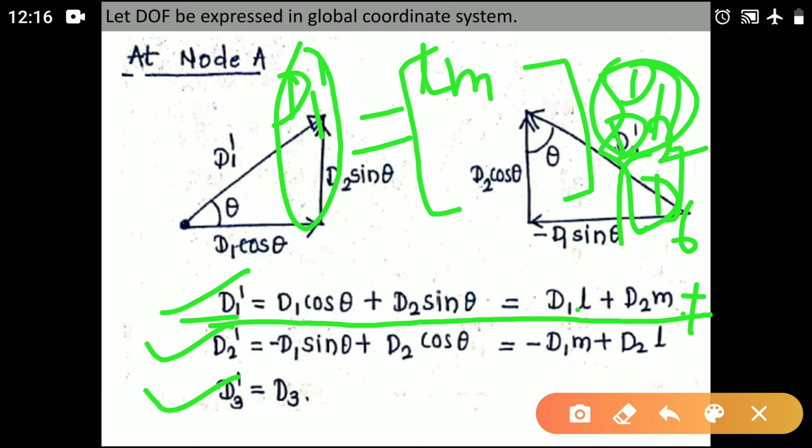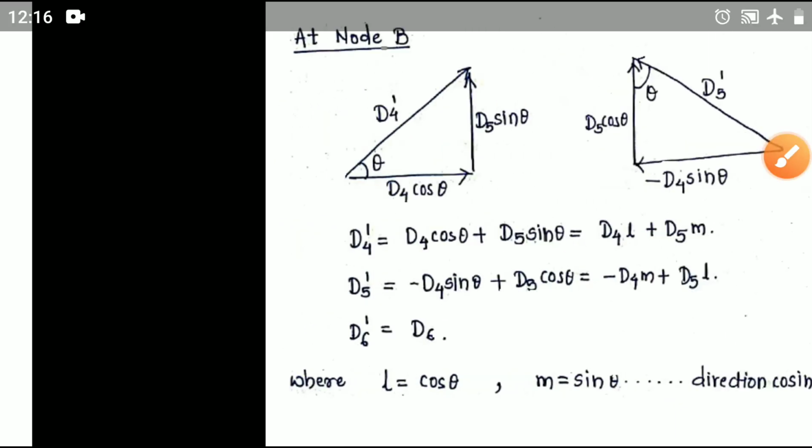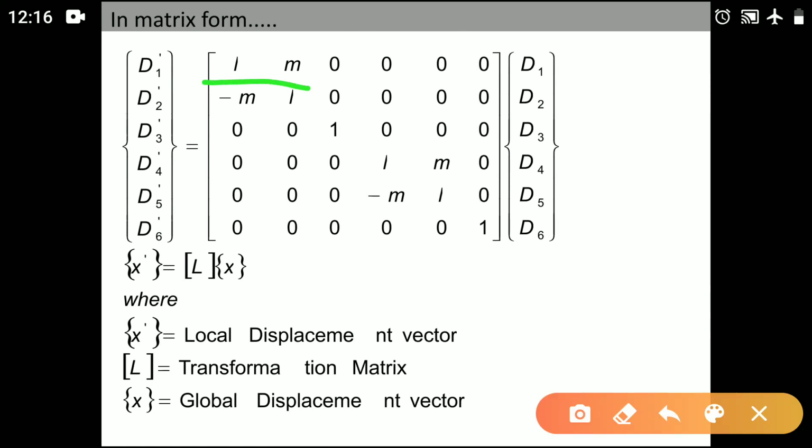The remaining 4 degrees of freedom, d3, d4, d5, d6, for those we have to write their coefficients as 0, 0, 0, 0, which is mentioned here: L M 0 0 0 0.